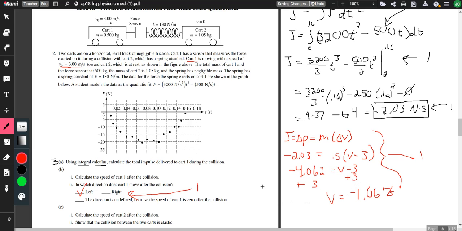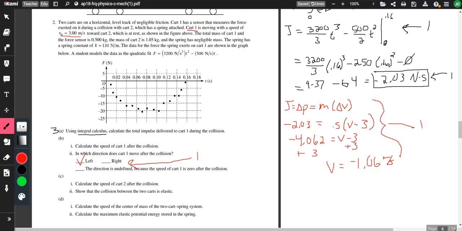All right. For part C, they want us to find the speed of cart 2 after the collision. There's a few different ways that you could go about doing this. The way that I usually teach my class is, I would actually just do m1v1 equals m1v1 plus m2v2.